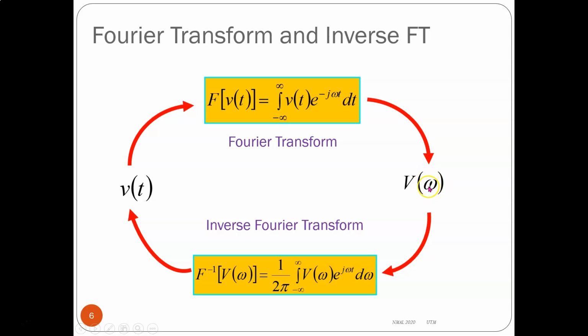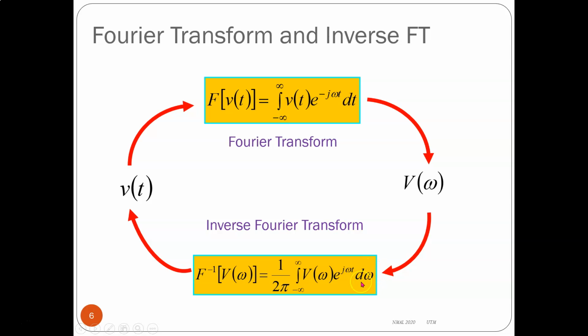And then to perform the inverse Fourier transform, we put this V(omega) in the square bracket like this, and the symbol here is F negative 1, which is the inverse Fourier transform. It is equal to 1 divided by 2 pi, the integration from negative infinity to infinity of V(omega), which is the one that we have converted to frequency domain, multiplied by exponent j omega t, d omega.